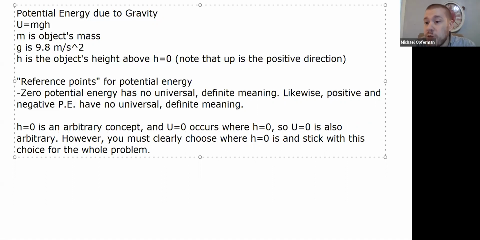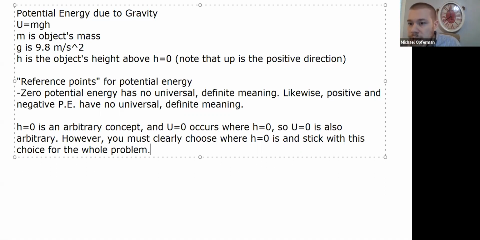So it's arbitrary whether you want to measure this object's height above my hand, or above the table, or above the ground outside the window behind me. It's fine. You'll get the right answer no matter how you do it. But you have to know which one you chose, and you have to do the same thing for the initial state and for the final state.